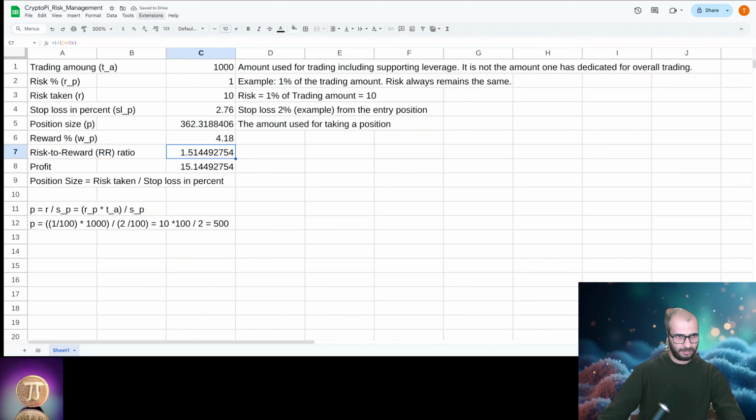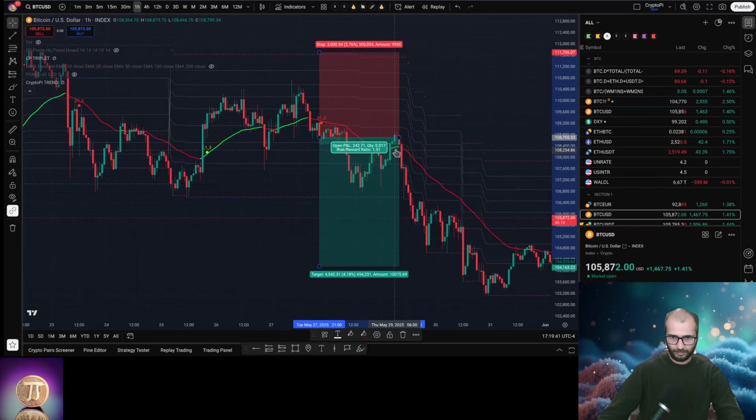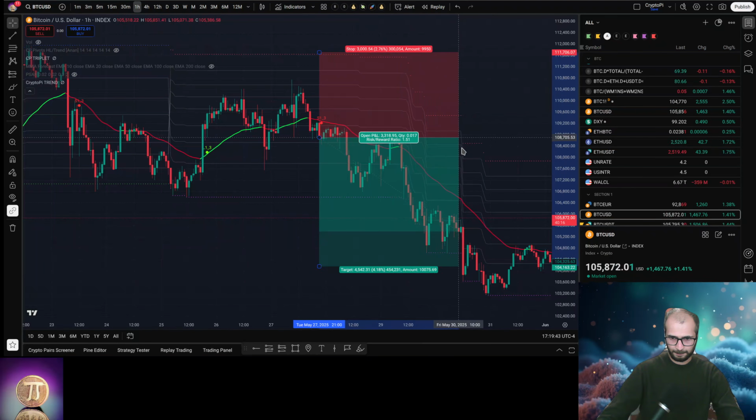And it would take the trade approximately from 27th May till 30th May, 3 days, to execute a profitable trade of $15.